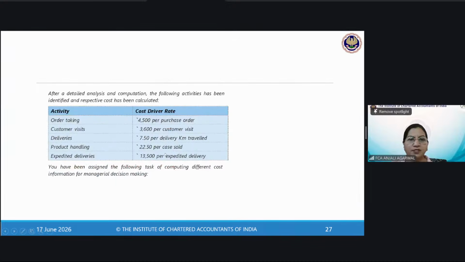So the cost per purchase order would be 4,500 divided by 125. This becomes your table for calculating the cost per activity. So cost driver is this, frequency is this, and total costs are also given. So cost per unit becomes 36.